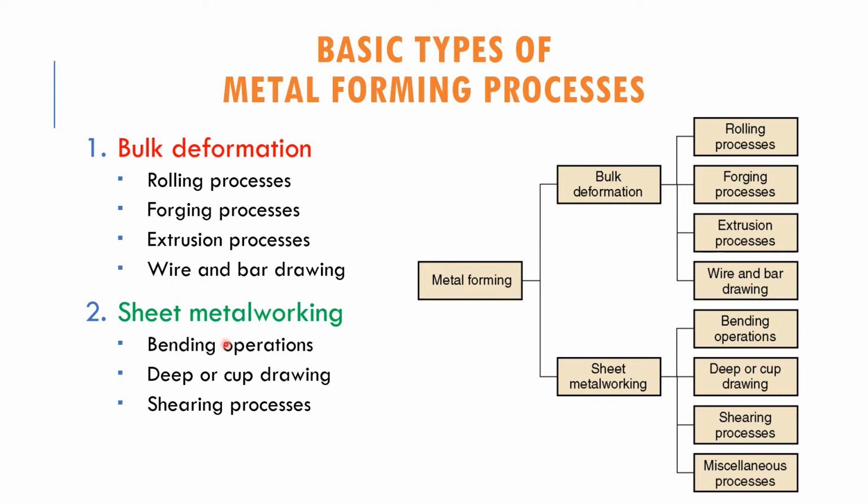Under sheet metal working, there are bending operations, deep or cup drawing, and also shearing processes. Okay, so in our class, we will be focusing more on the bulk deformation processes rather than sheet metal working. So there will be only an introduction on the sheet metal working processes.